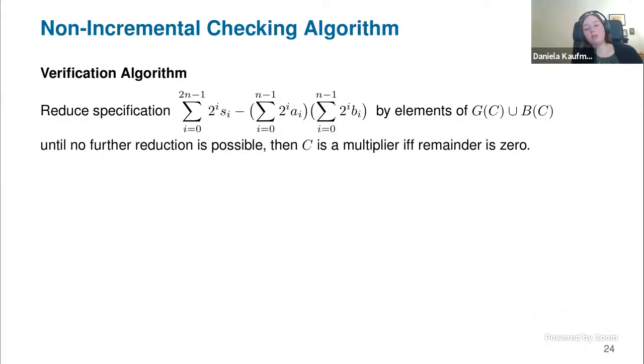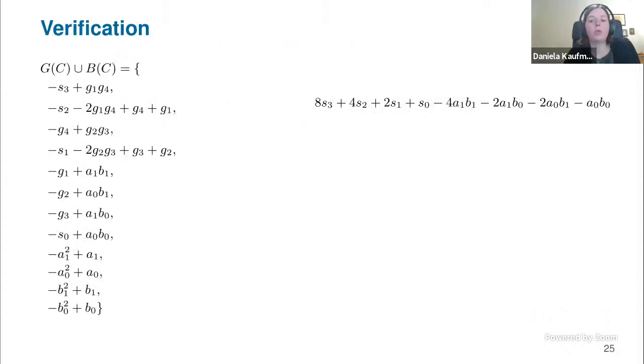For the reduction, we use some kind of polynomial division. I now want to show this to you on our small 2-bit multiplier. Here on the left, we have all the gate constraints and the Boolean value constraints, and here on the right, we have the specification.